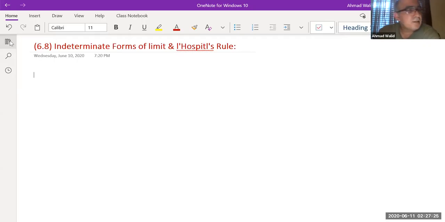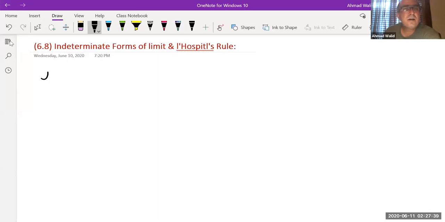Before I show you what an indeterminate form of a limit is, let's do an example that you may have seen in Calculus 1. For example, the limit of x squared minus 1 over x minus 1 as x approaches 1.